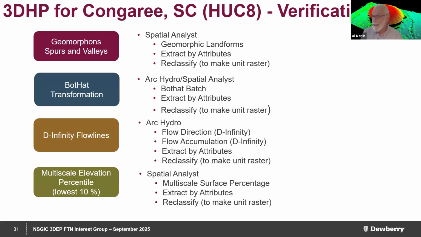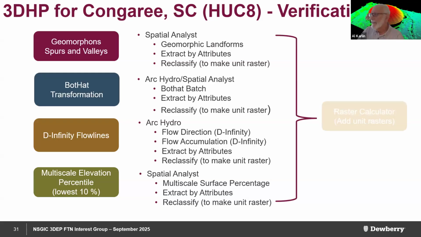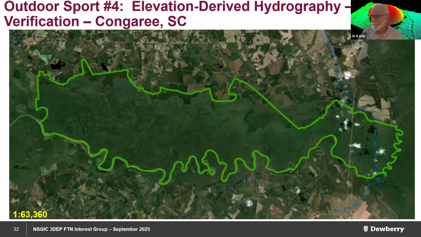And we designed, and this is like our newest tool, the multi-scale elevation percentile, which is a pretty new statistical based image analysis tool that identifies either valleys, the low 10%, or peaks, the upper 10%. So we take these, we do a little manipulation on the rasters that result, we add them together and make them into a geomorphic index.